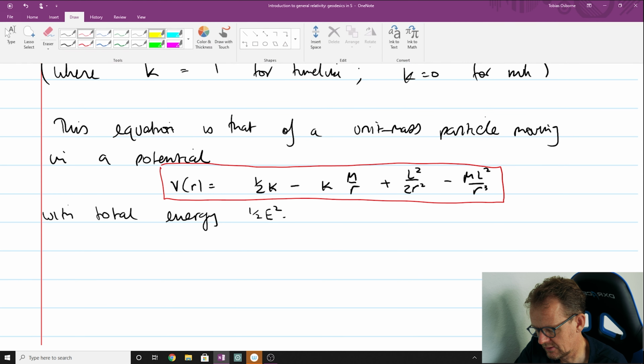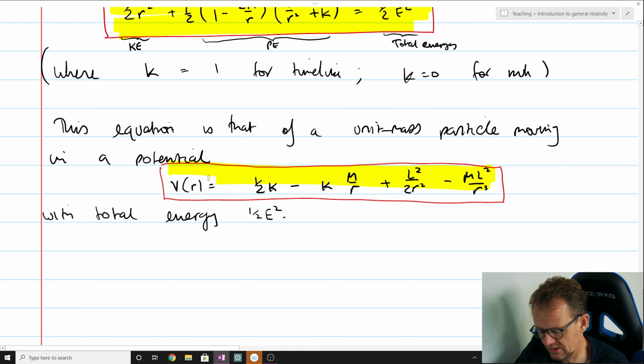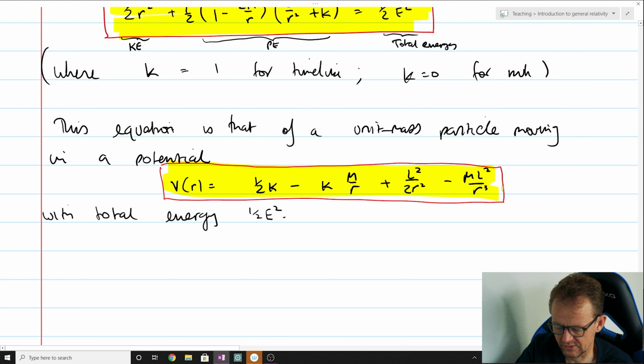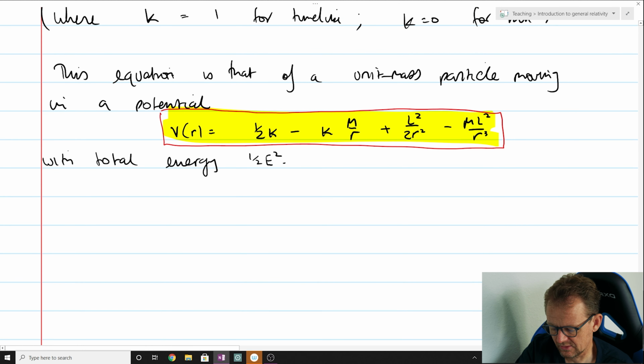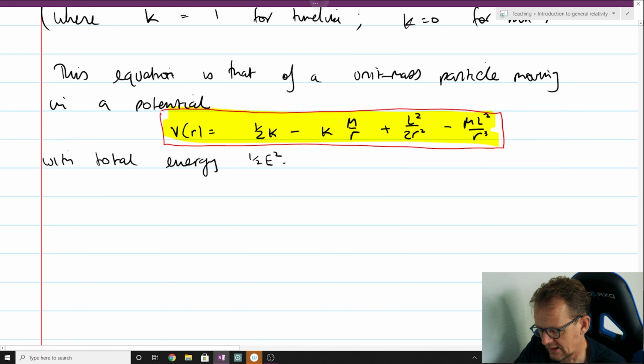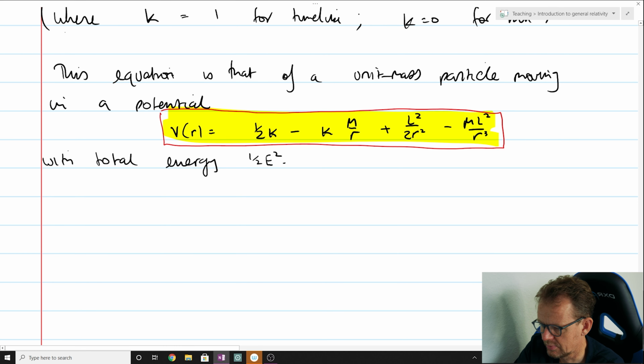In fact, it's comprised mostly of stuff that we already see at the Newtonian level of physics, right?